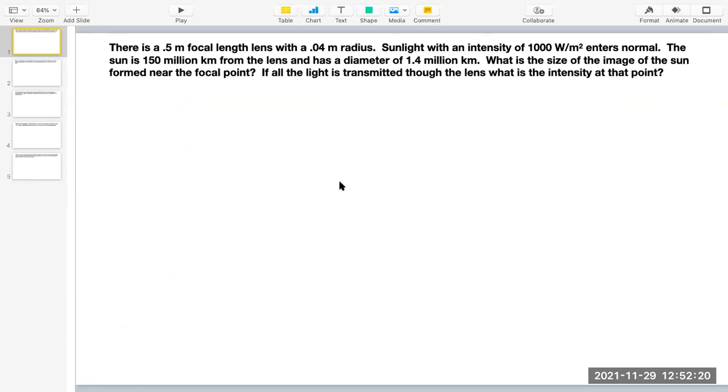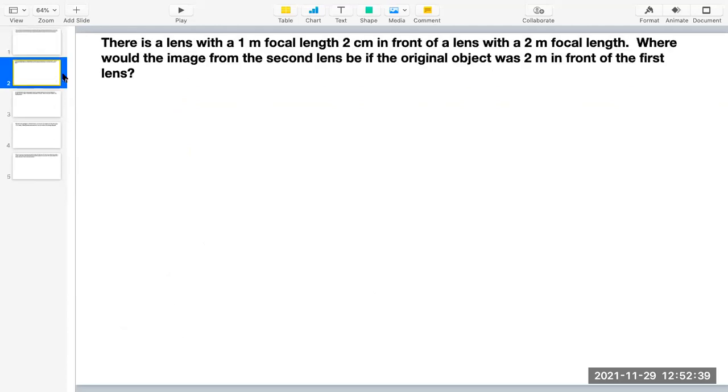So next up, going to look at putting two lenses together. And we're going to start with the hard way and then use it to justify a little trick. So there are two lenses and they are close to each other.